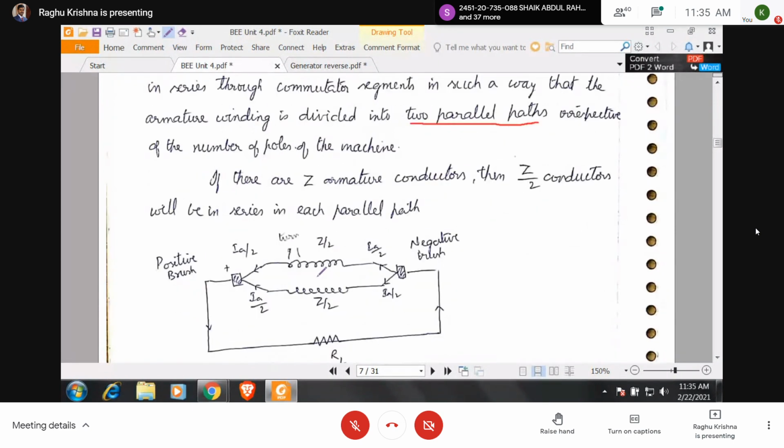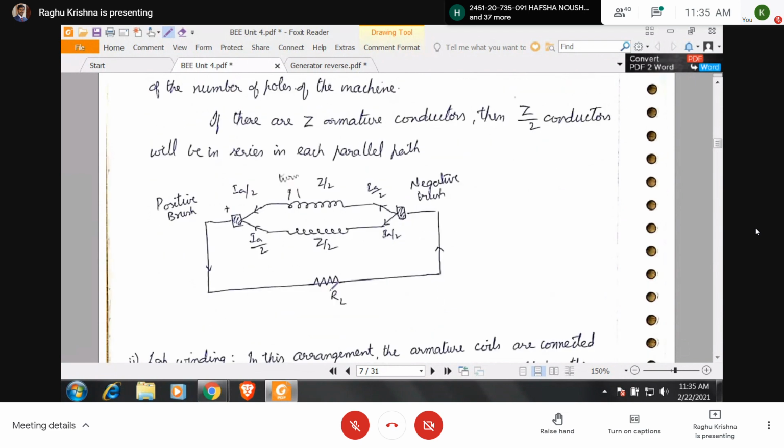So let us take this. Here we have the positive brush and the negative brush, and this is the external electrical load. Positive brush means current will be coming from the positive terminal, goes through the RL, and comes to the negative brush.